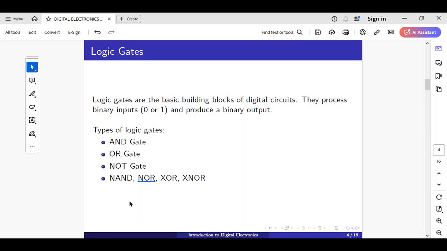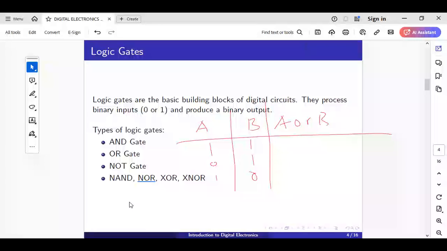Let me show you how. When I have A and then B, and then A or B. This is 1 0, 0 1 and 0 0.